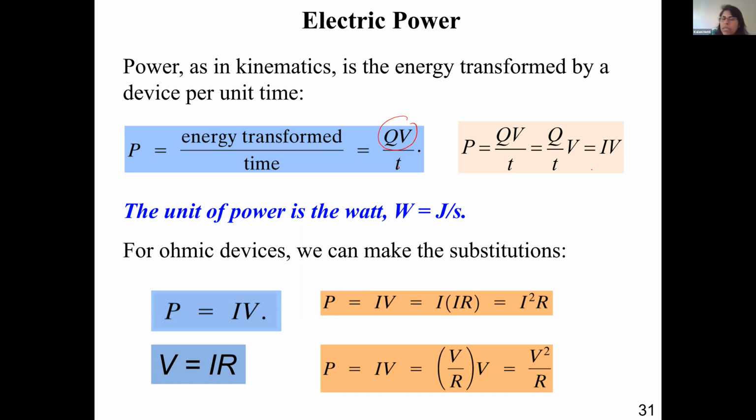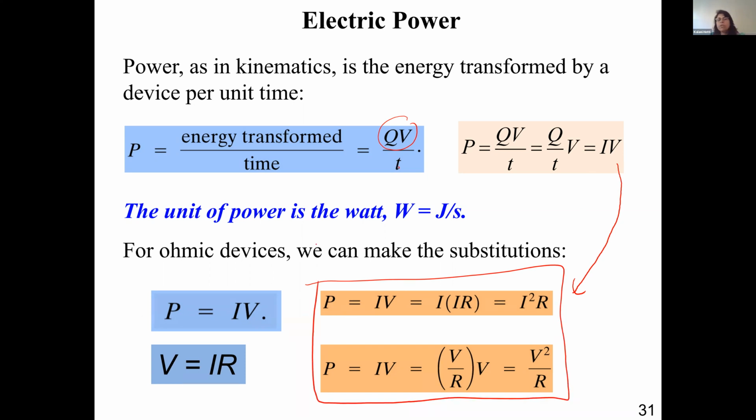That will give me a power formula, I times V. Because of Ohm's law, I can replace the voltage by using I and R, and back and forth. Then I will be able to write the power, 3 equations together. One is IV, the other one is I squared times R, and below, the voltage squared divided by R. These are the 3 methods that you can calculate the power.